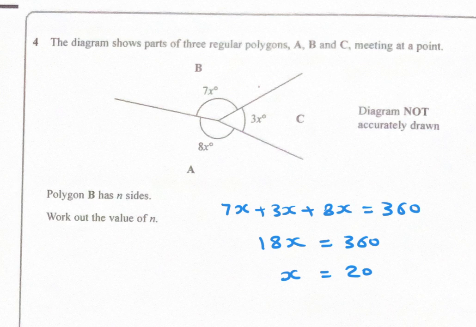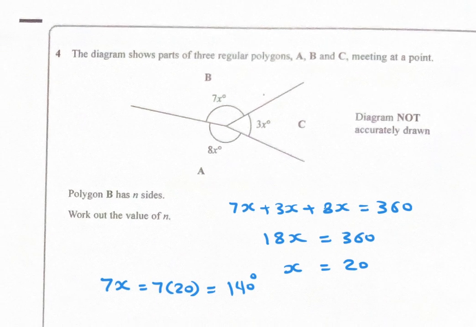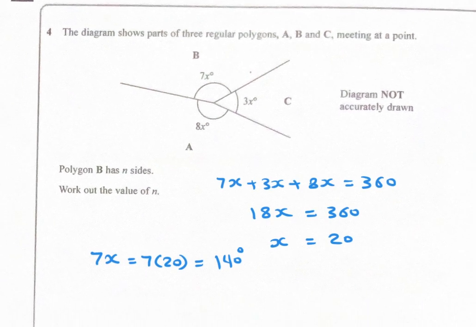Now we can find each angle. We can find the angle at polygon B. So 7x equals 7 times 20 equals 140 degrees. Now we have the interior angle of polygon B. We need to find the number of sides for polygon B. If you have the interior, you can find the exterior.